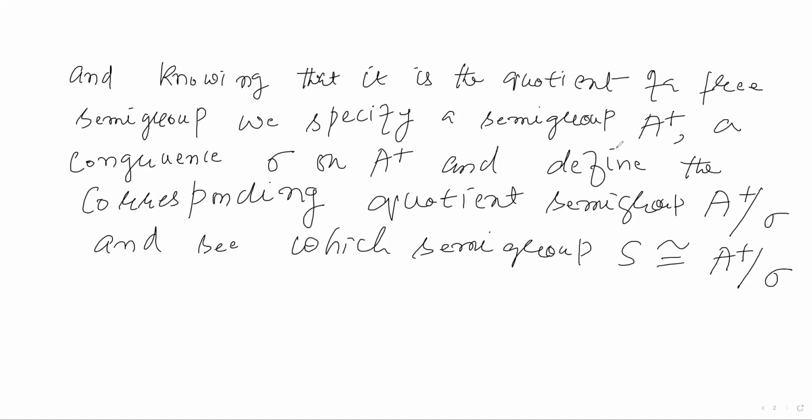We start with A plus, take some congruence on A plus, construct the quotient semigroup A plus over sigma, and see what semigroups S are isomorphic to A plus over sigma. So this is the idea behind semigroup presentations.